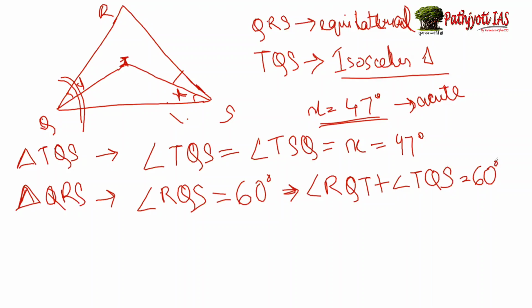RQT and TQS, this one and this one. So this is bisecting, right?